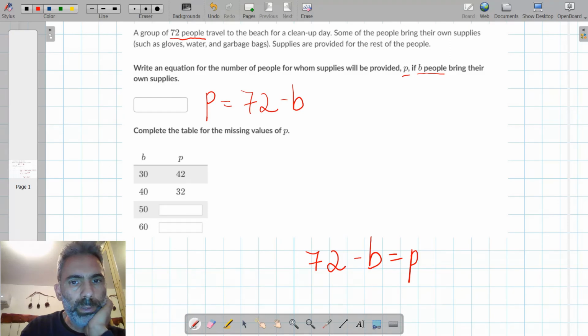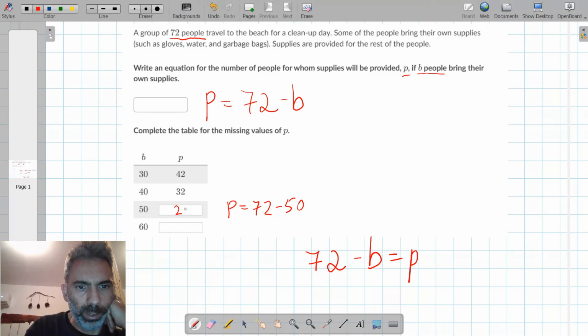Okay, complete the table for the missing values of P. So that's it for 50. P equals 72 minus 50, which means that P equals 22.